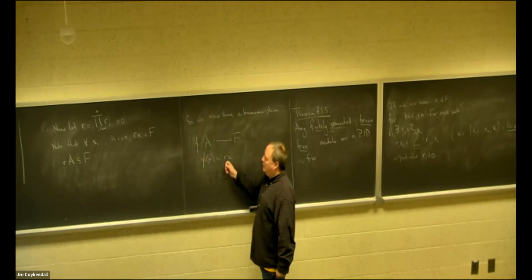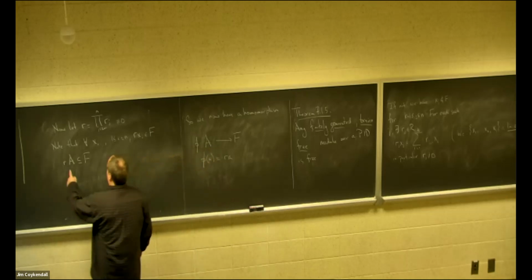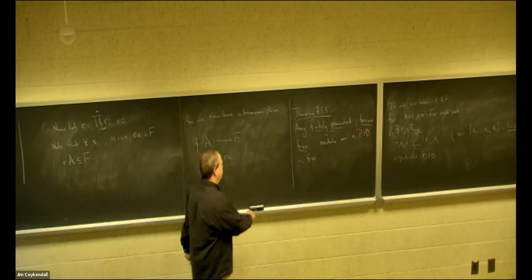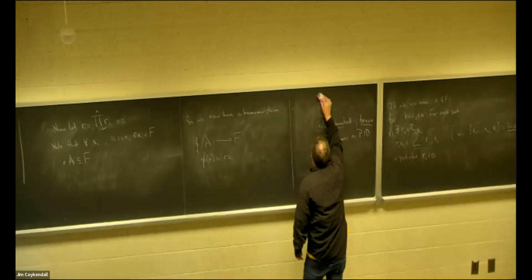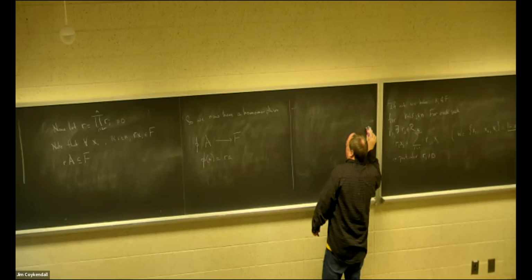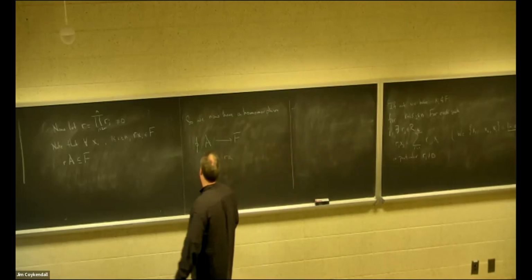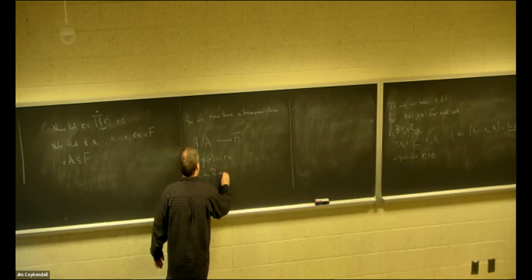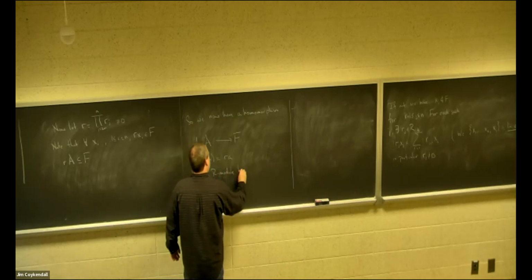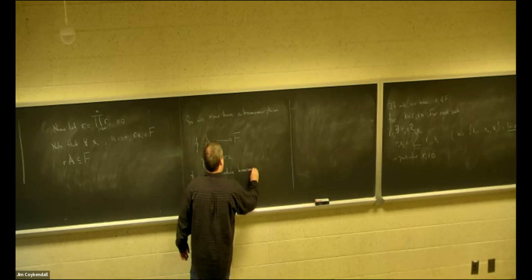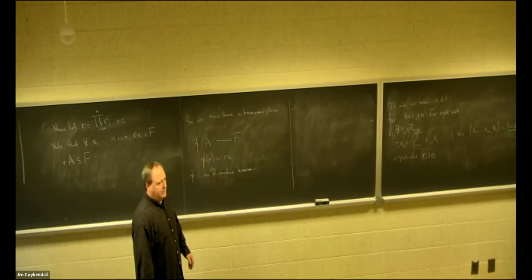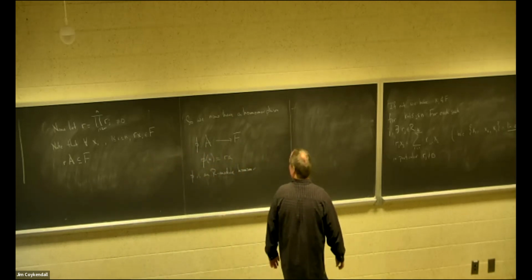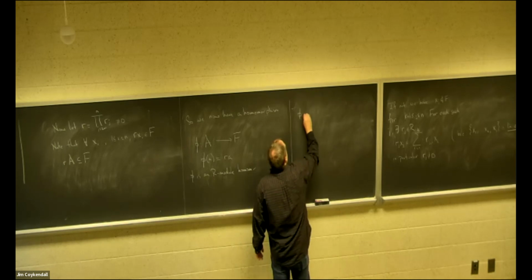And I know that this is good because r times anything in A lands you in F, so this has the appropriate codomain. Let me point out that phi is an R-module homomorphism. That's easy to verify, since multiplication by a fixed r is an R-module homomorphism. And phi is one-to-one.